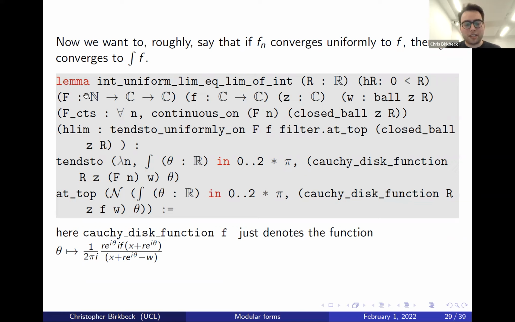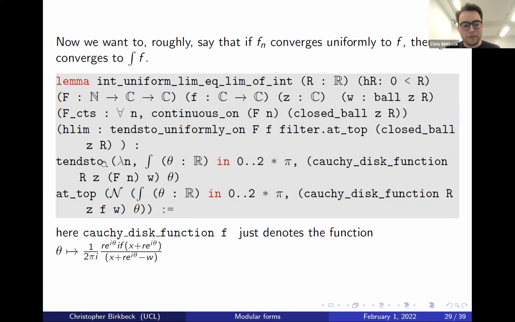At the moment, it just says if I have a sequence of functions, so for every n, I have a function from the complex numbers to complex numbers, and I have my limit function, C to C, such that every one of my functions is continuous on a closed ball, and the limit of my sequence of functions is my little f, so this tends uniformly to f. So it says that this sequence of functions converges on this closed ball to my little limit function f.